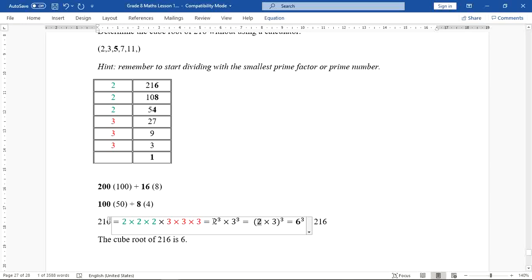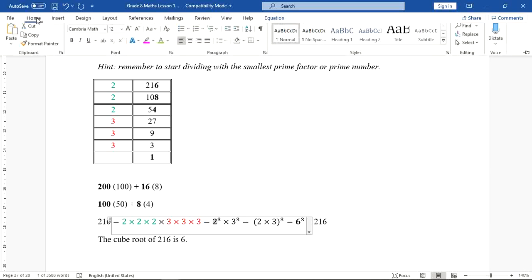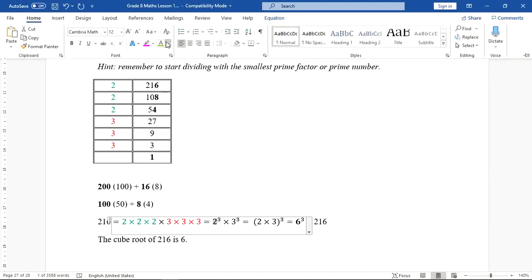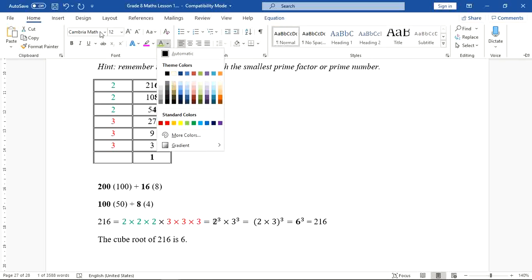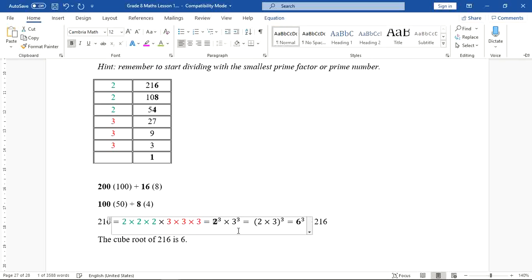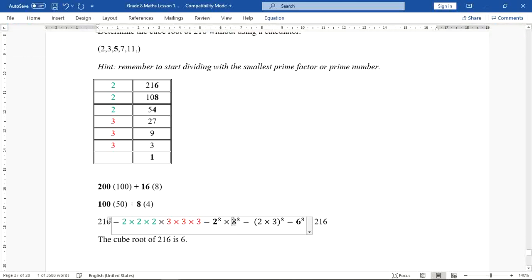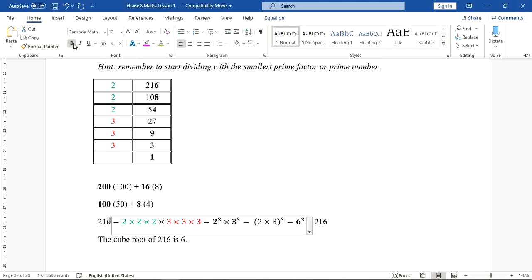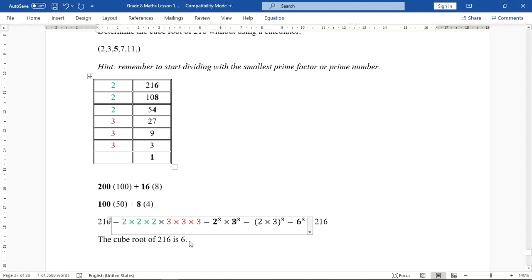Or you can just simply say, if I multiply the bases 2 times 3, I'll get a 6. So the cube root of 216 is 6. So you can confirm that by multiplying 6 3 times. 6 times 6 times 6 will give us 216.